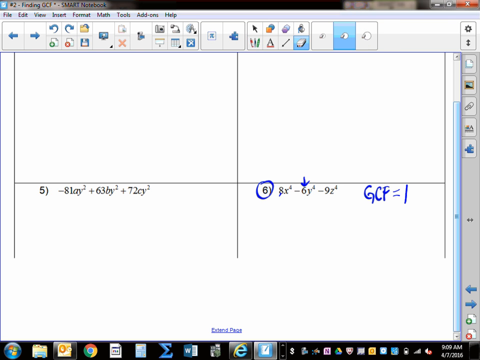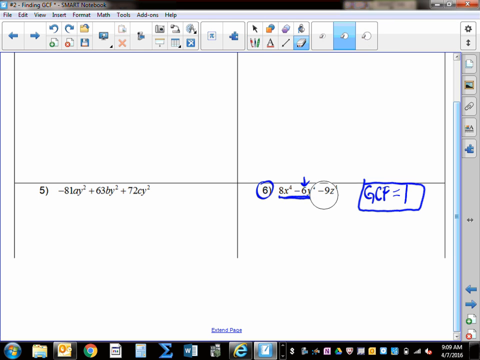I can't take out a y because these don't have y's. And I can't take out a z because these don't have z's. Remember, GCF is greatest common factor. They all have to have it in common. So there's no variable they have in common, so my GCF is just 1.